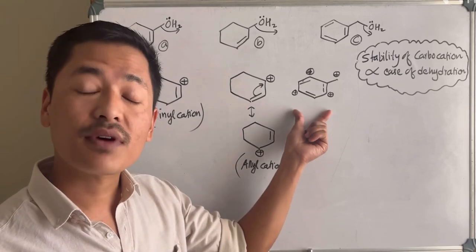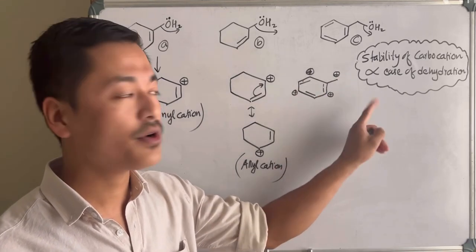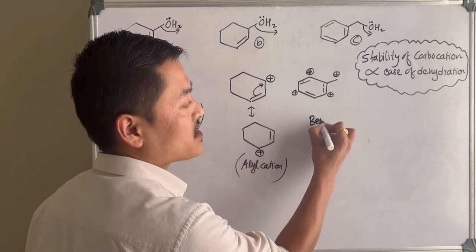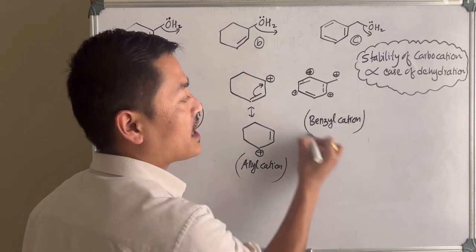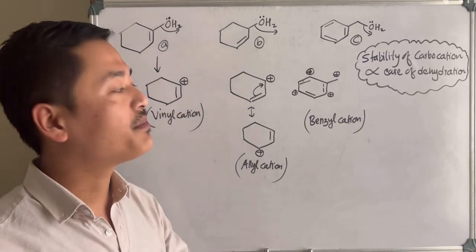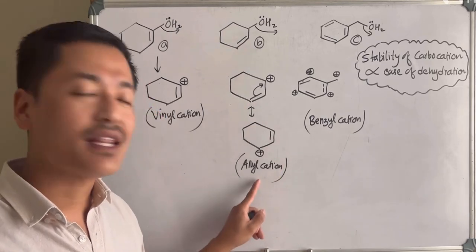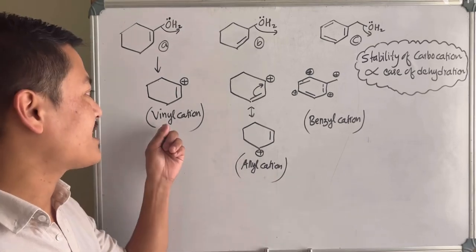This type of carbocation, where there is a benzene ring followed by a single bond and a plus charge, is known as a benzyl cation. The stability of the benzyl cation is much higher than that of allyl cations, and allyl cations are much more stable than vinyl cations.